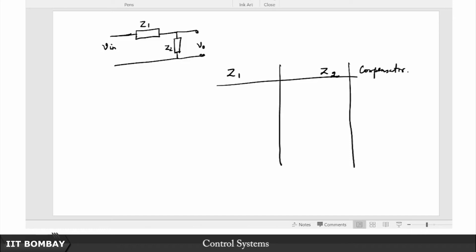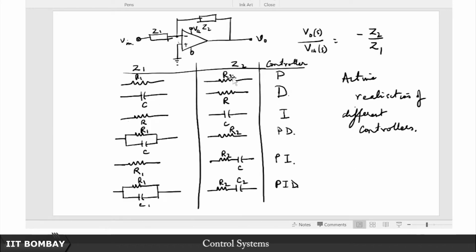So I will leave it to you as an exercise to actually evaluate these transfer functions and relate these resistances and capacitances, these parameters of this electrical circuit, with those gains, or rather even better with the controller poles and zeros, right. So you know that a PD controller has a 0, PI controller has a 0 and a pole at the origin, of course.